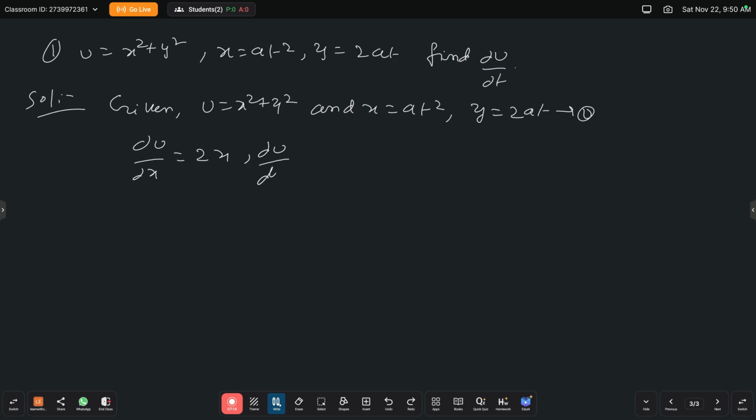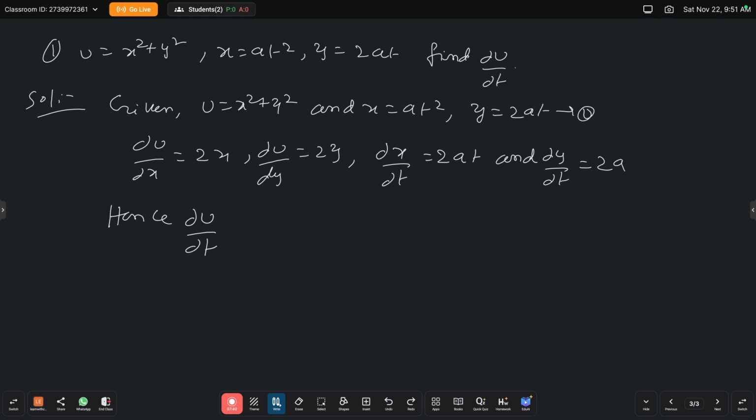Dou u by dou y. With respect to y, x is a constant, that is 2y. Now dou x by dou t: dou by dou t of a t square is nothing but 2at. A is a constant. And dou y by dou t is 2a.